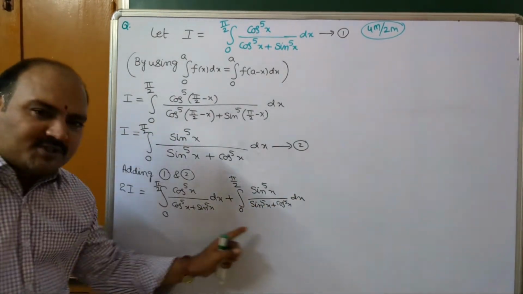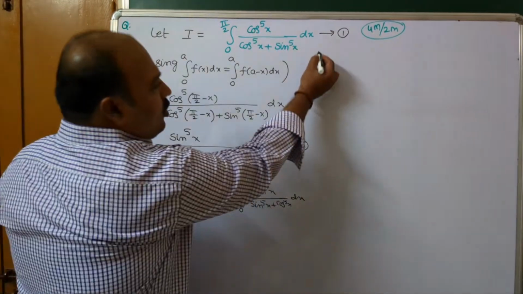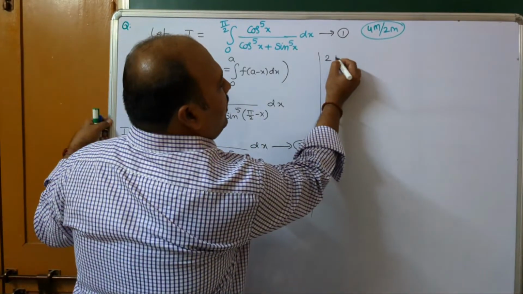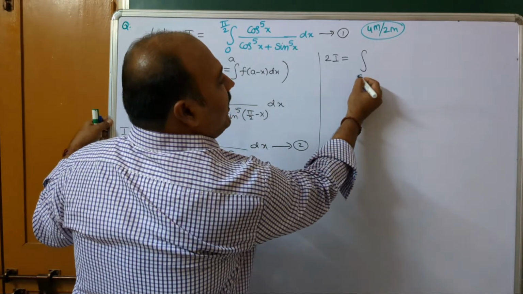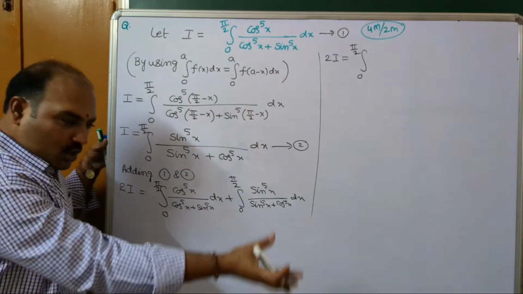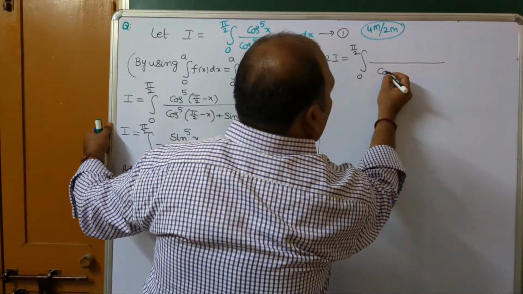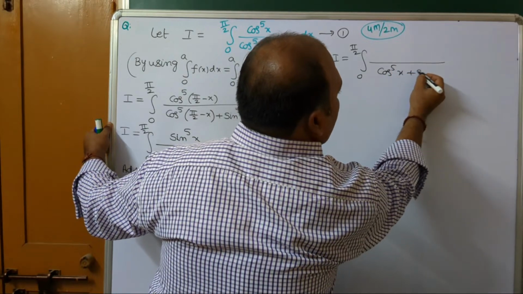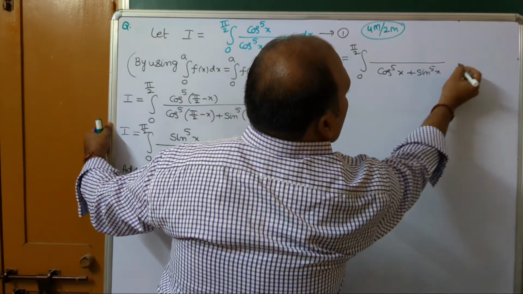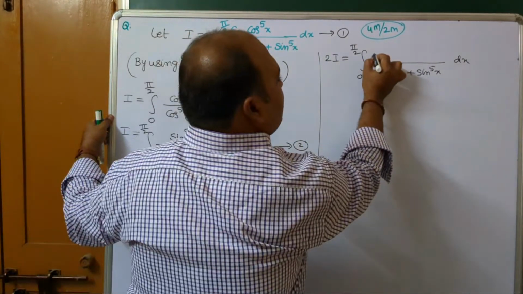In these two terms, the denominators are the same and the limits are also the same. So we can write it as 2I equal to integral 0 to pi by 2. Whenever limits are the same and the denominator is the same, we can make it into a single term. So the denominator will become cos power 5x plus sin power 5x, and in the numerator itself, cos power 5x plus sin power 5x.